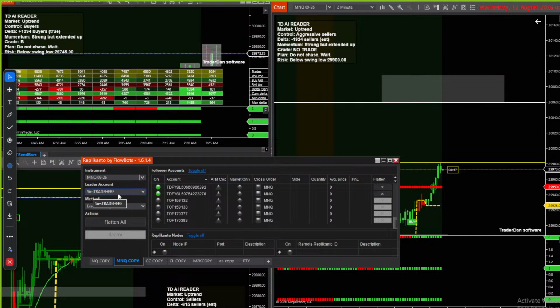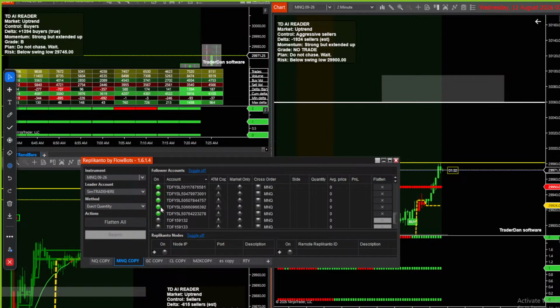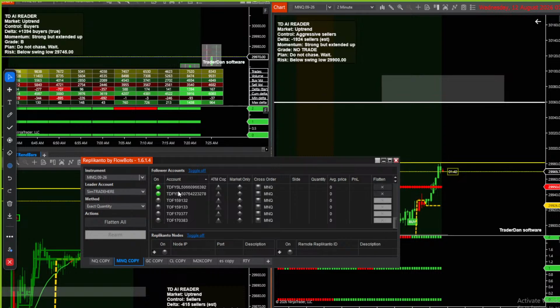See how I have SimTrade here, and then I copy. Got you. I copy all these accounts that I'm going to start trading, and then I rotate through them. Yeah, so you can do it that way. Okay, thanks, Dan. Once I hit targets on these accounts, I rotate them. I'm trading these 5 first this morning, then I'll jump into these 4, and then once I hit targets, I'll rotate into Apex and funded futures, and I'll log into those.